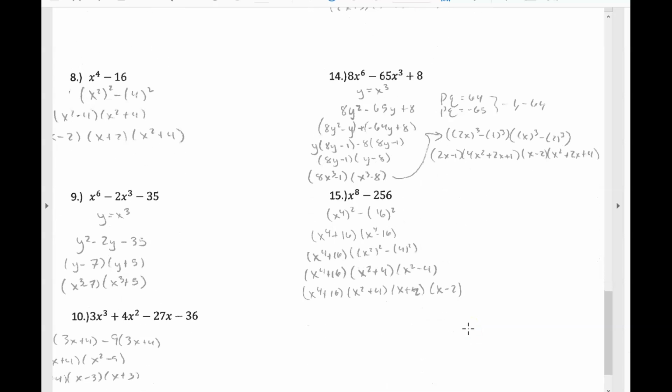And then lastly, number 15 is x to the 4th plus 16 times x squared plus 4 times x plus 2 times x minus 2.